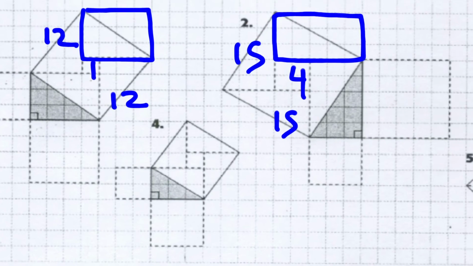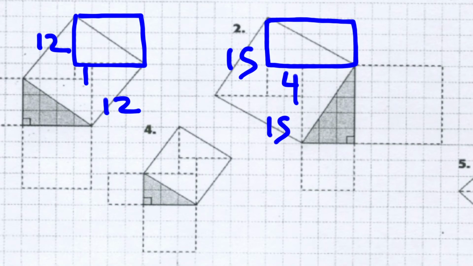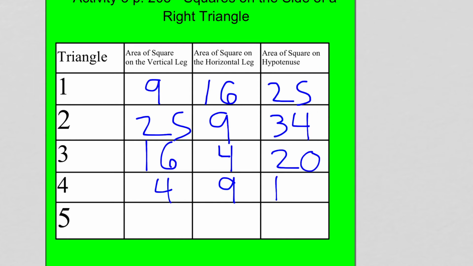And the area of the square on the hypotenuse, I'm going to do my right triangle trick. So 2 of the right triangles in that big square are 6. The other 2 are 6. Plus 1 in the middle makes 13 for the area of the square on the hypotenuse.